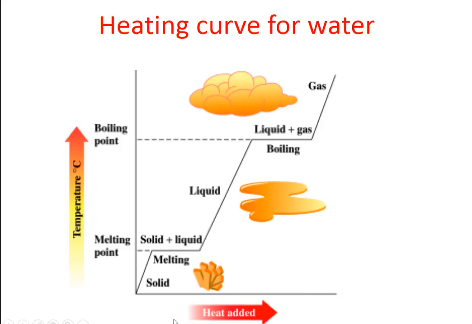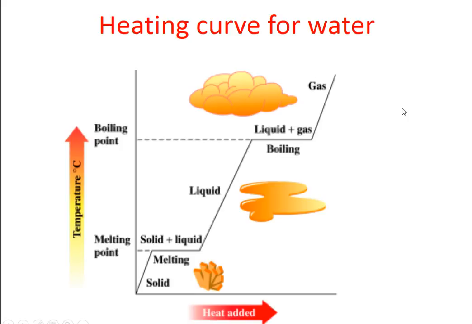So that's one thing that we need to know: at the melting point, the plot is flat, and at the boiling point, the plot is flat, because the temperature is not changing. But before melting, the temperature is increasing, before boiling the temperature is increasing, and after boiling the temperature is increasing.